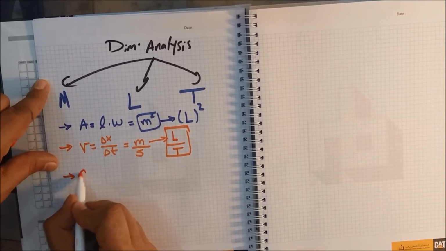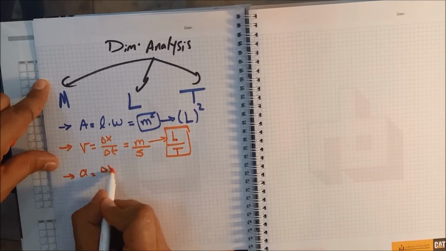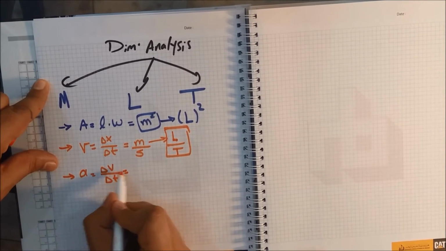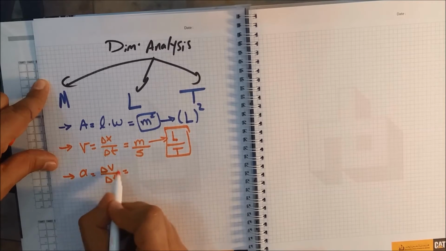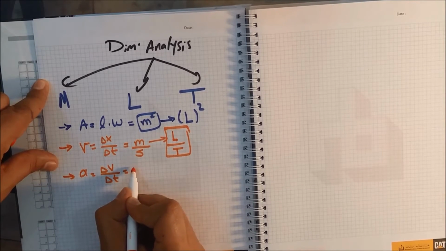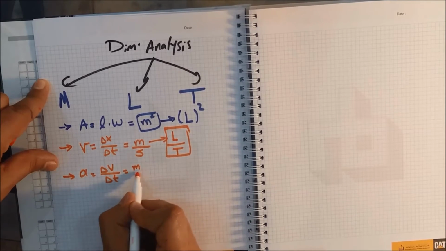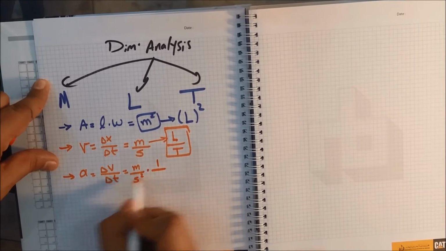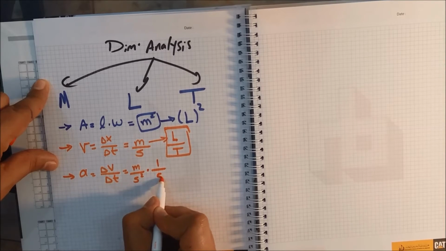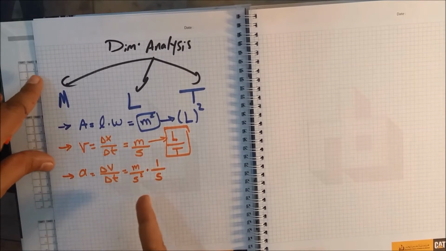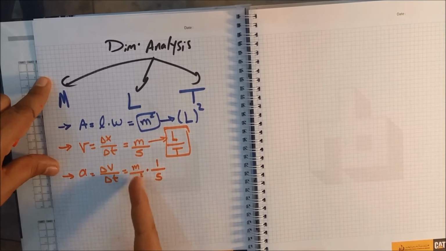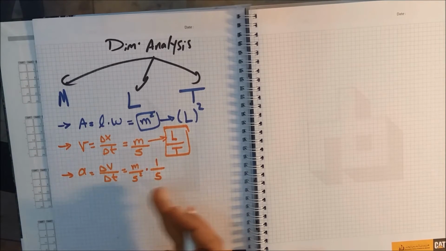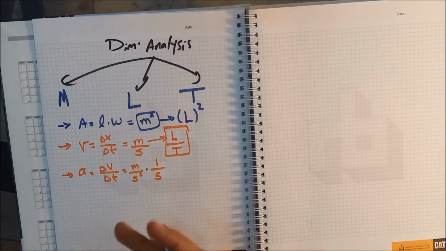Let's go further for the acceleration. Acceleration is delta v over delta t, which is equal to delta v, the change in velocity, multiplied by 1 over delta t. Delta t is seconds. And as I told you earlier, you need to use the division, so it is easier for you not to be confused in the denominators and numerators.